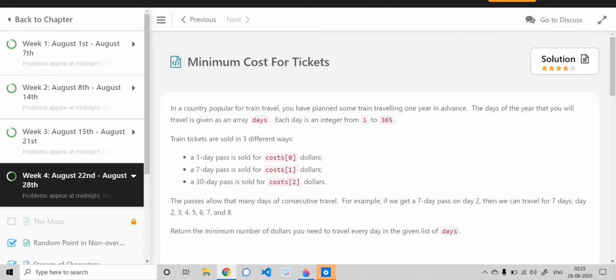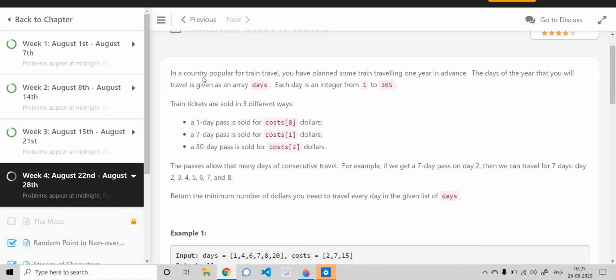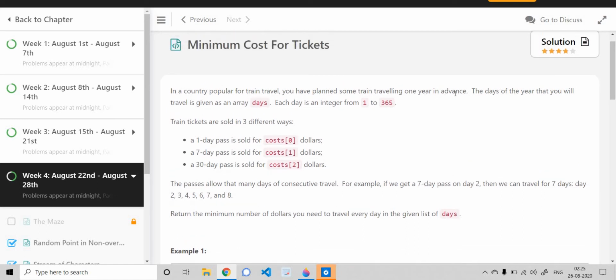It is called minimum cost for tickets. It says in a country popular for train travel, we have planned a journey in which we'll be traveling via train, and we need to book our tickets 1 year in advance.